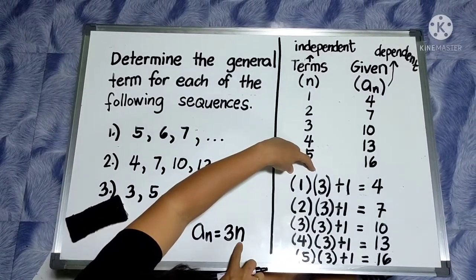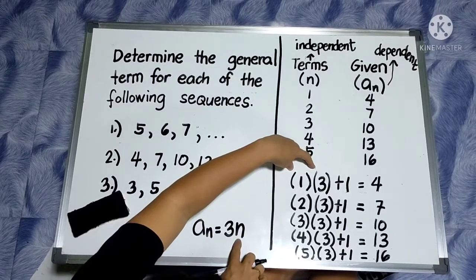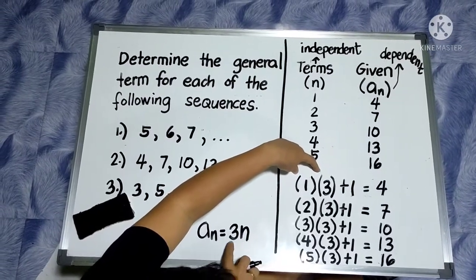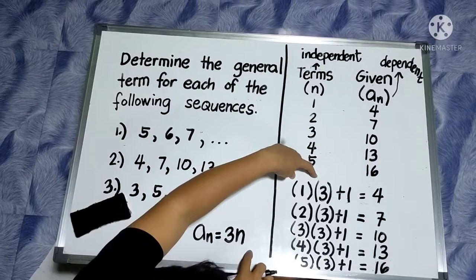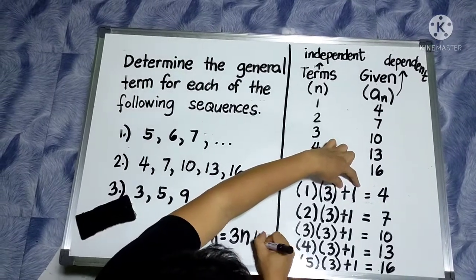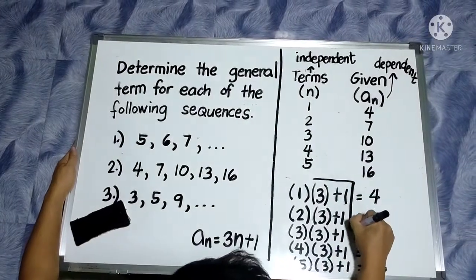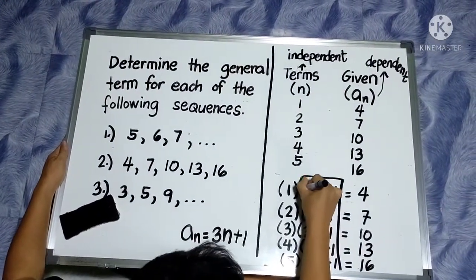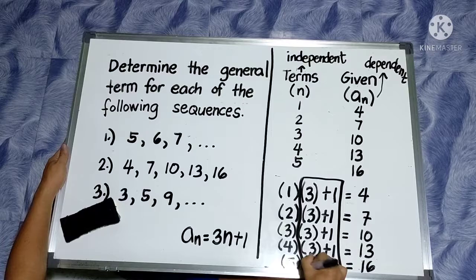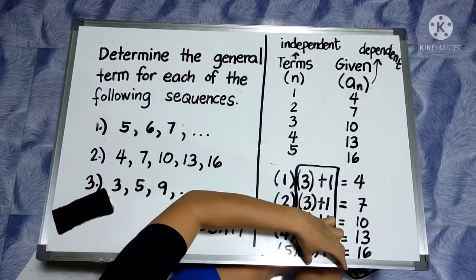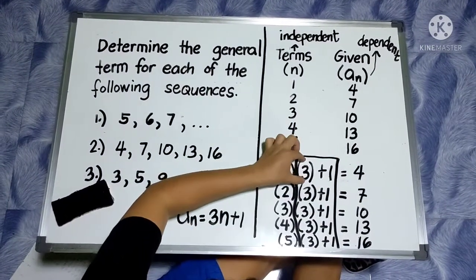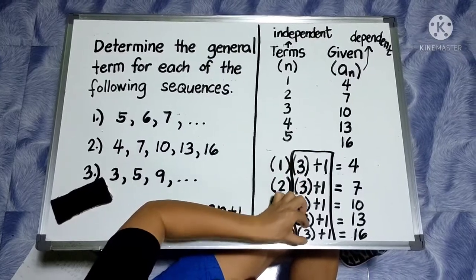So 3n. You will not write n times 3 because n times 3 is 3n. So 3n, copy, plus 1. Because this is the rule that we are looking for. This one. Okay? So this should be true to all the terms.